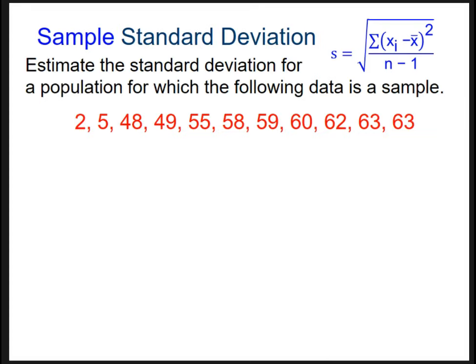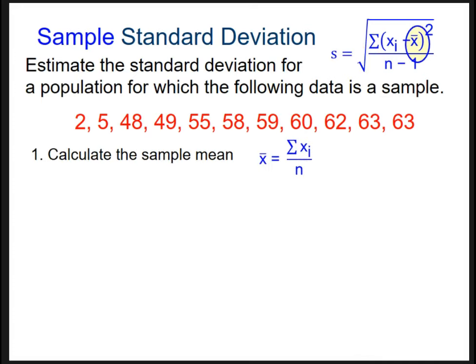So let's take this set of data. We have 11 data points here. And so the first thing we would do if we were calculating the sample standard deviation, little s, we would go through and find the mean. So we add them all up and divide by the number there are, and we get a mean of 47.63 for this set of data.